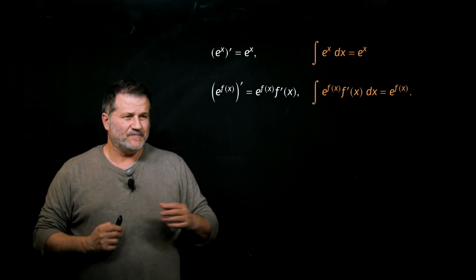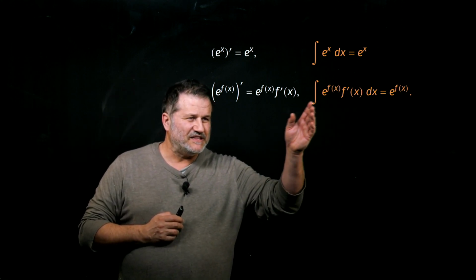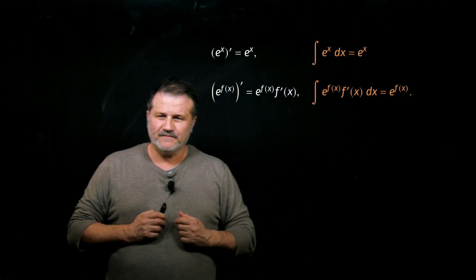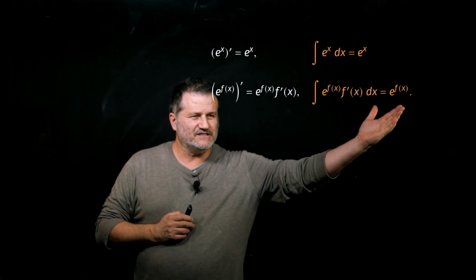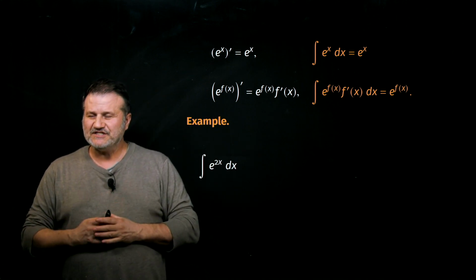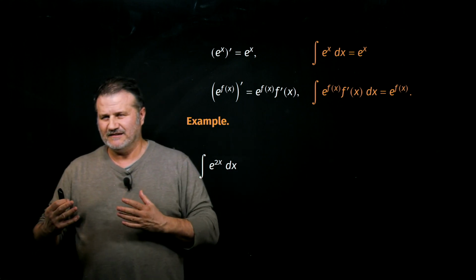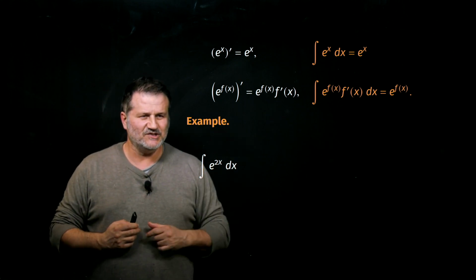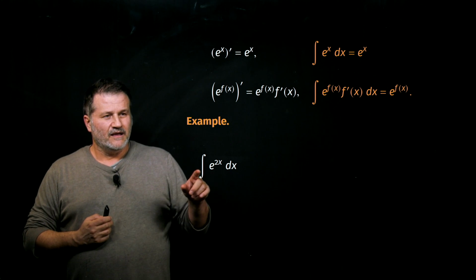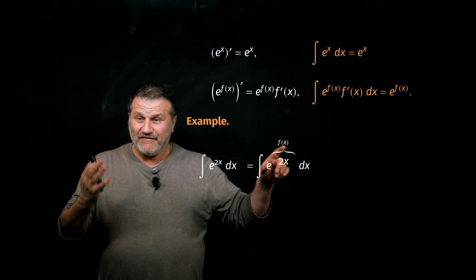So where is the point? If we are able to recognize that our primitive has this shape, we can compute the primitive because this is just e to f of x. Let's see a couple of simple, very simple examples. Here I have e to 2x, just a little modification of e to x. Now, I look at this exponent 2x as my f of x.